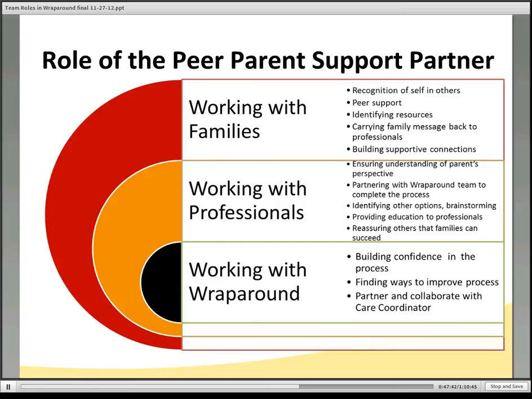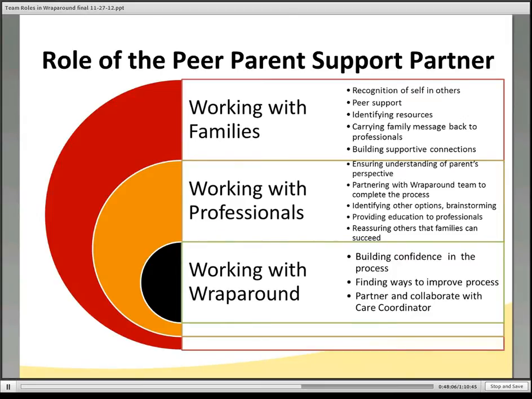They are good at reassuring others that the family can succeed. They're a living example that they've been able to come through it, still standing, still walking on their 2 feet. And oftentimes they're the folks on the Wraparound team that can say, this family deserves a chance, this family can succeed.